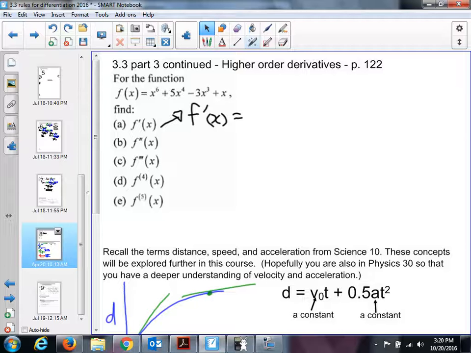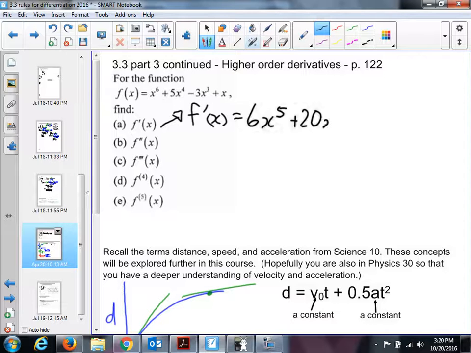Okay. Hopefully you've got it now. 6x to the 5, 20x cubed minus 9x squared plus 1.